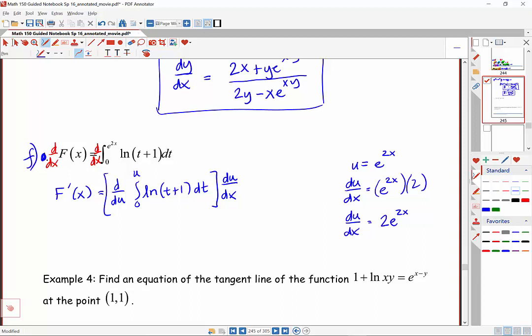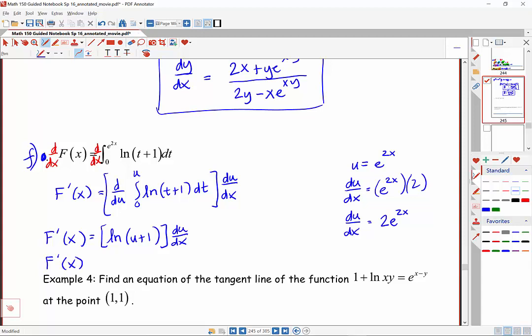You still have d dx, because technically those du's could cancel out. So then capital F prime of x by the second fundamental theorem of calculus is natural log of u plus 1, and then times du dx.